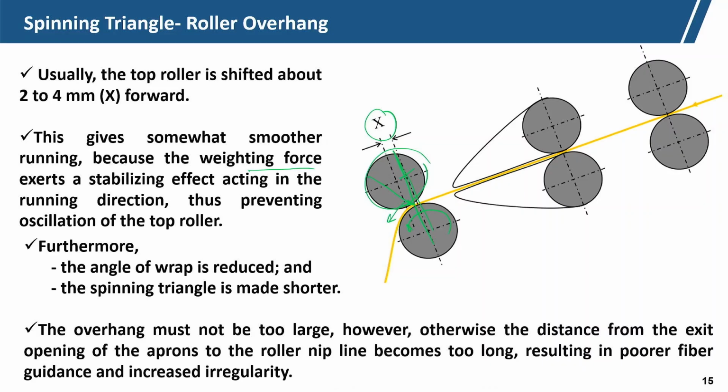Otherwise the distance from the exit of the apron and the nip point will be high. So, that will result in poor fiber guidance and this will increase the irregularity. So, there will be an optimum overhang.